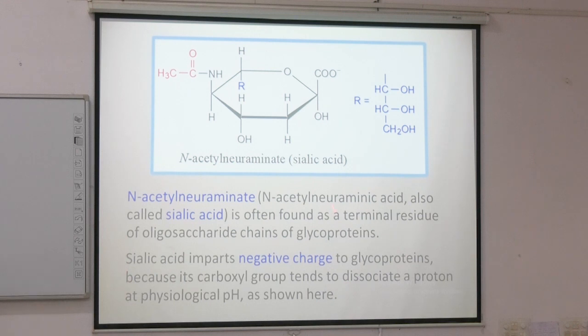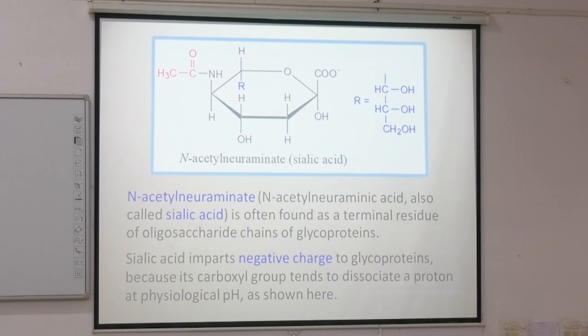Now this one, what is this? These are all sugar derivatives, sialic acid. Be prepared to get all these in MCQs. See, what is this? Acetyl group. This is amino group. This is R group. This is oxidized sugar derivative, N-acetyl neuraminate.